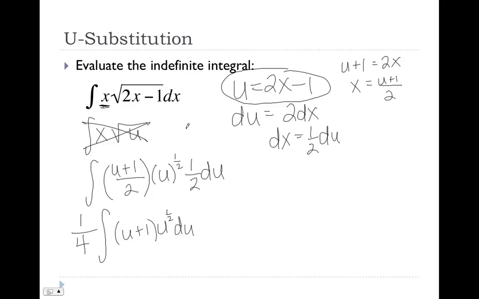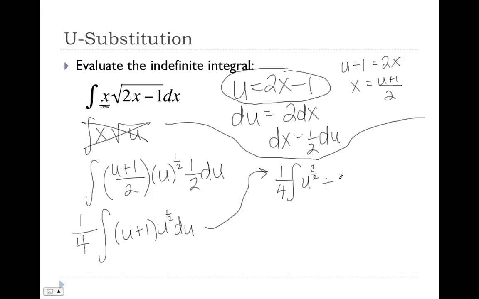And maybe you got here and got a little bit stuck, but this is just two terms multiplied together. I can distribute this u to the 1/2 into the u plus 1 in parentheses. So this is going to become 1/4 times the integral of u times u to the 1/2 is u to the 3/2 plus 1 times u to the 1/2 is u to the 1/2 du.